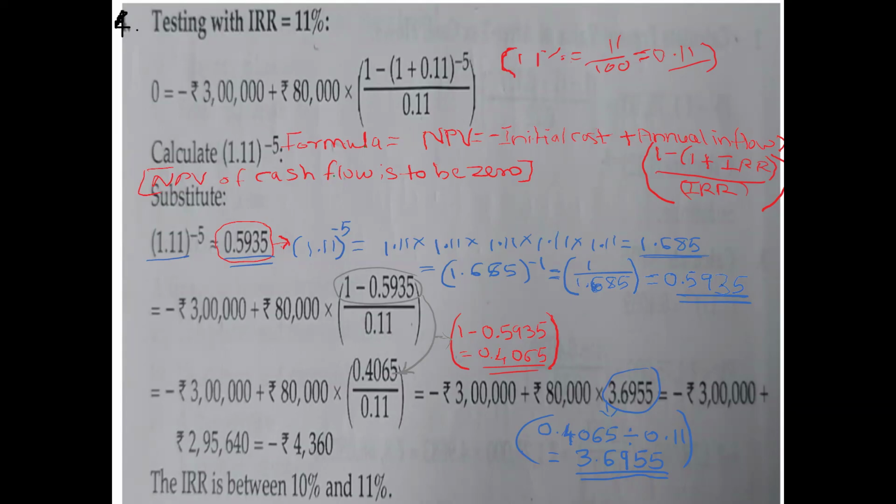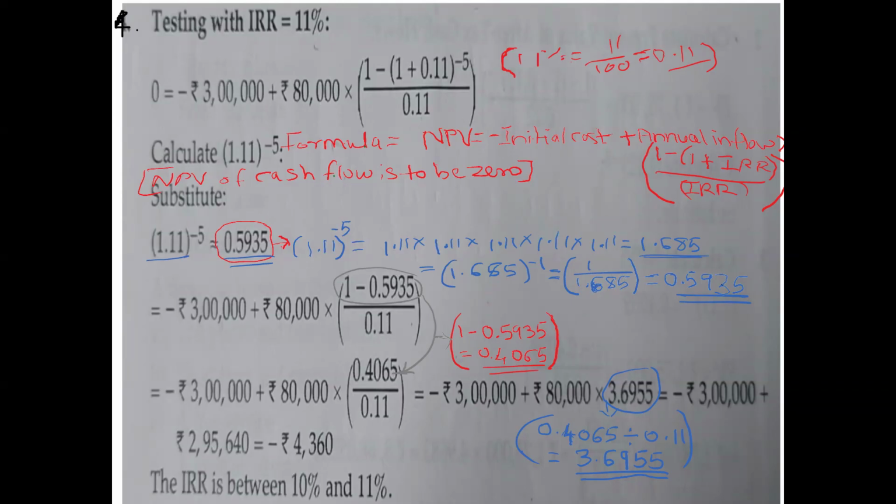Calculate 1.11 raised to 5. Now, what is our formula? The formula is NPV is equal to minus initial cost plus annual income into bracket 1 minus bracket 1 plus IRR bracket, divided by IRR, bracket complete.